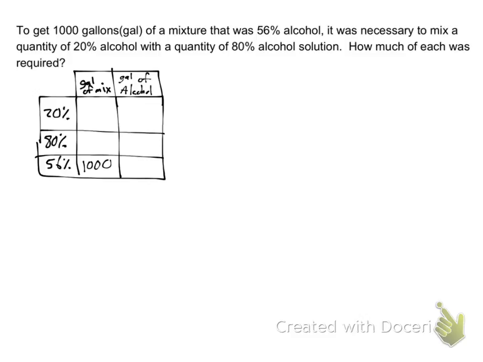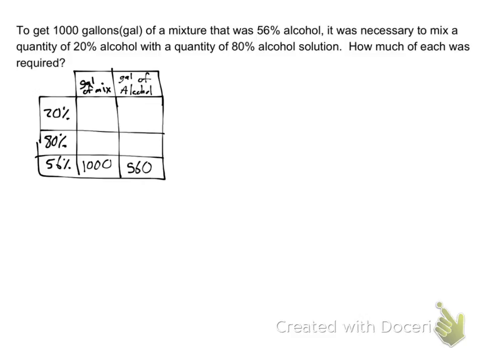Can you actually tell me how many gallons of alcohol you have? 560. How did you figure 560? Because it's 56% of 1,000. You're multiplying. If you multiply 56% times 1,000, because each gallon is made up of 0.56 gallons of alcohol, so if you have 1,000 of them, you have 560 gallons of alcohol.